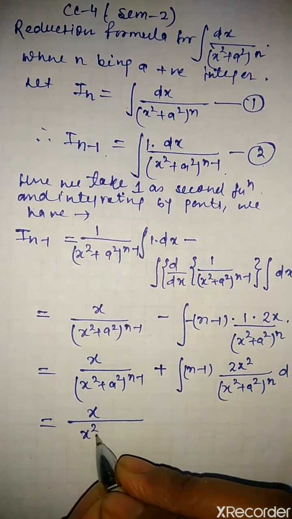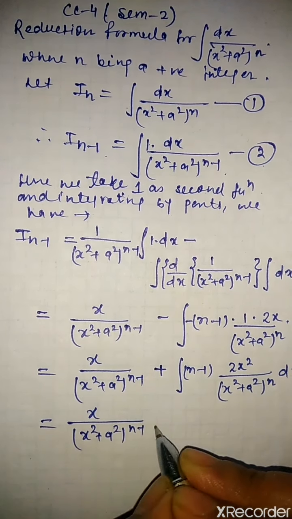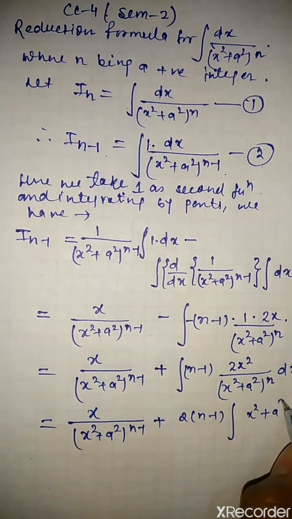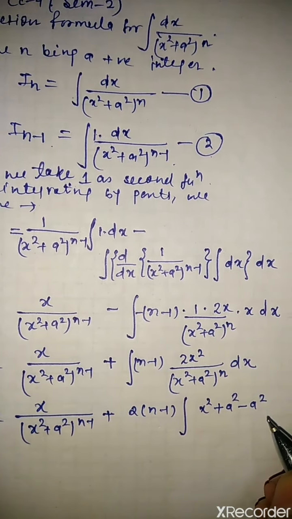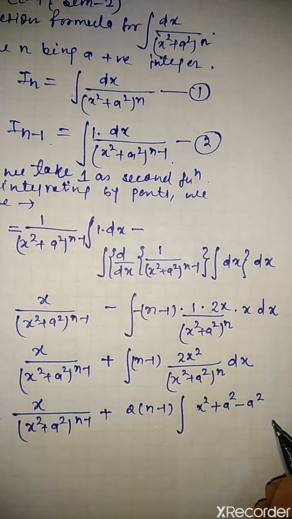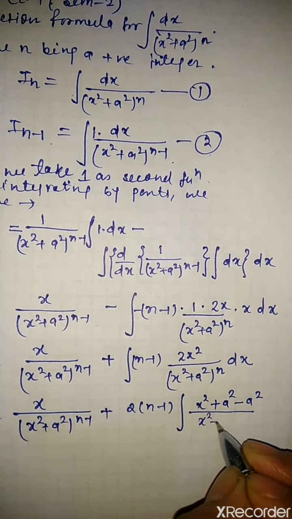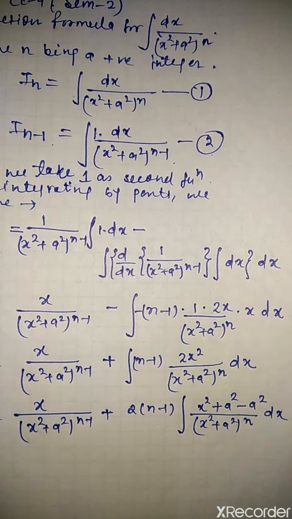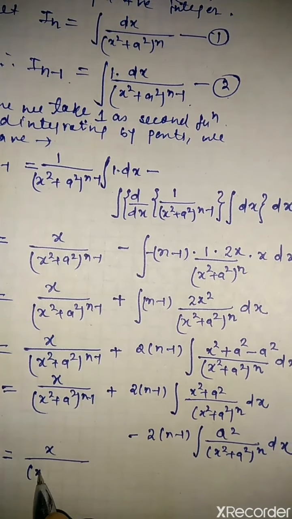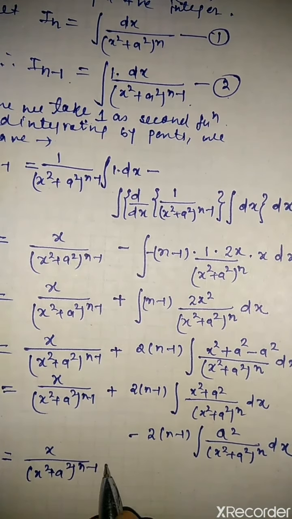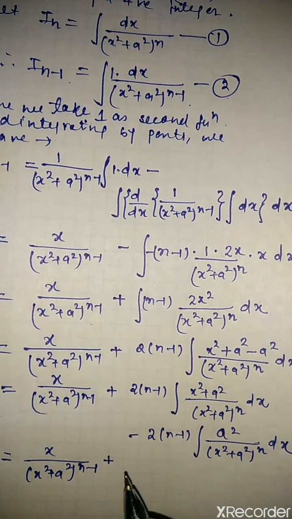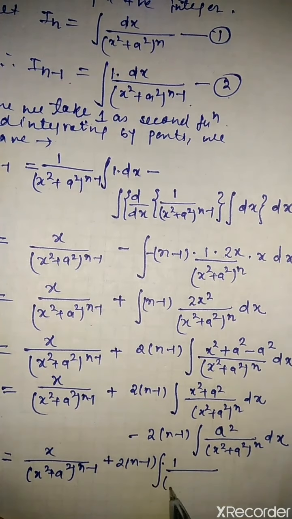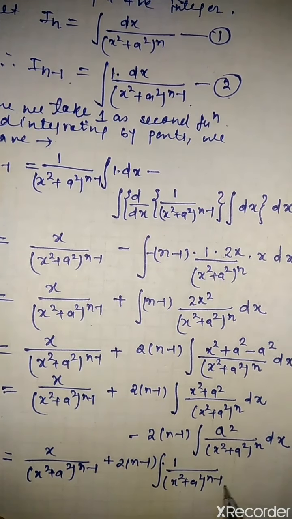Now x divided by x square plus a square to the power n minus 1 plus, here we take 2 times n minus 1 outside, so we can write this one as x square plus a square minus a square, fine, and divided by x square plus a square to the power n, and then we have dx in this way. X divided by x square plus a square to the power n minus 1, then we have plus 2 times n minus 1 into integration of 1 divided by x square plus a square to the power n minus 1 into dx.